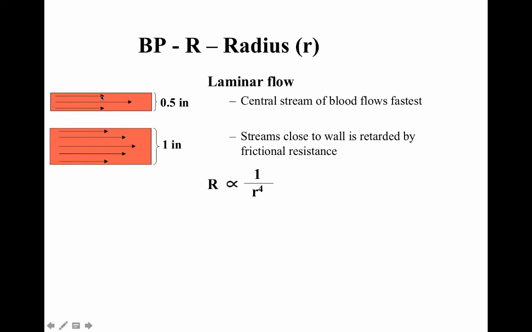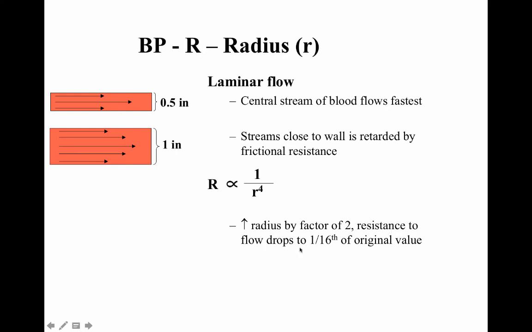They're held back. So it stands to reason that if we have a larger radius vessel, say if we go from a 1/2 inch vessel to a 1 inch, we're going to see a proportionate change in the size of that radius equaling a reduction in resistance. If you increase the radius by a factor of 2, resistance to flow drops to 1/16 of the original value.